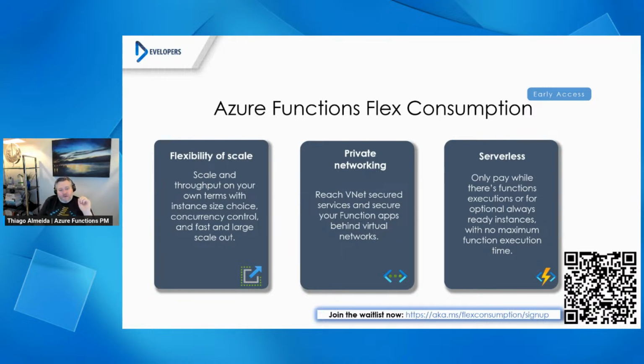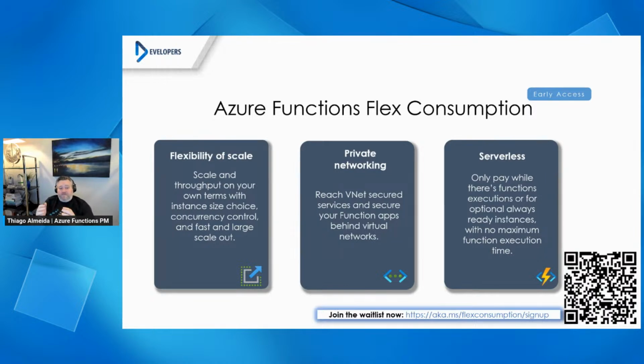You will have some concurrency control where we will have a lot of good defaults that will already take care of most of the applications, but you can change how much concurrency you have per instance of your application, so that helps the platform decide when to scale your app up and down.